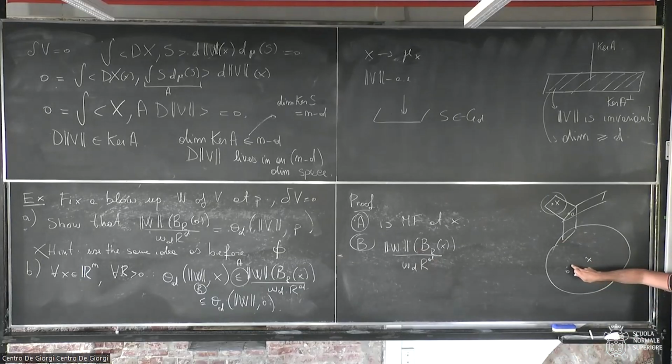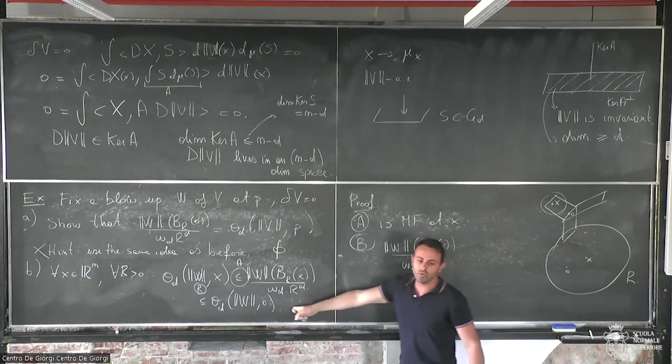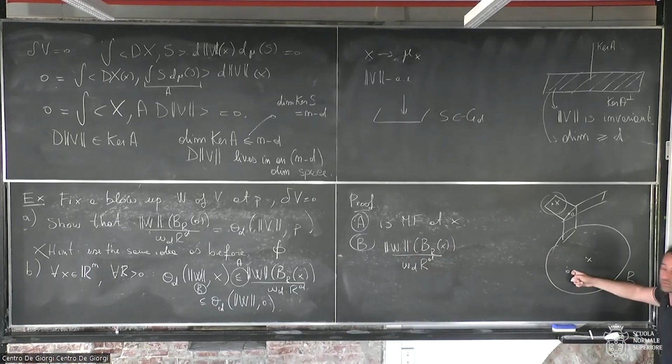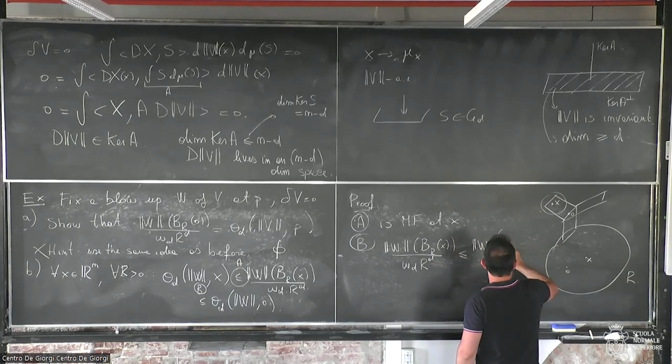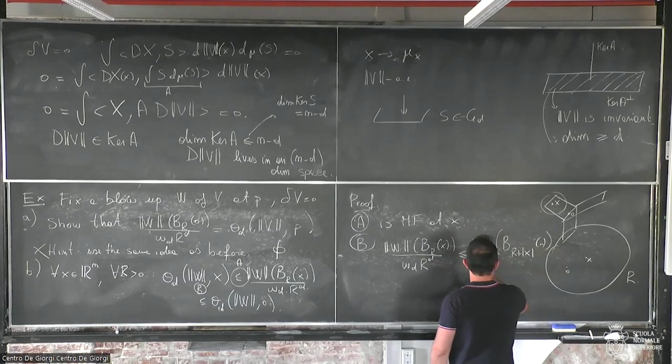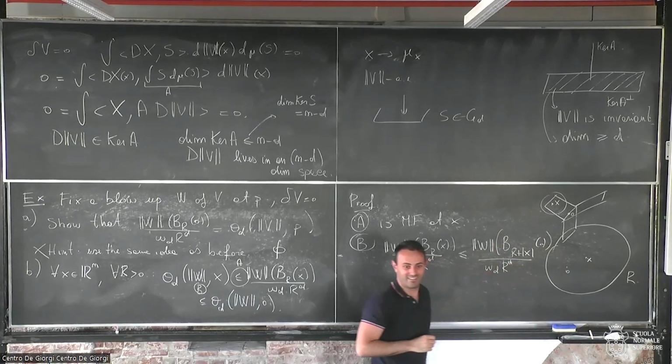I want to take a ball now because I want to get the zero density. I want to take a ball that also contains zero, that has center at zero. So what I can do is extend the radius by the norm of x and center it at zero. This is just less or equal, by the second conclusion, than the mass of W in B_{R plus norm of x} at zero, divided by omega_d R^d.